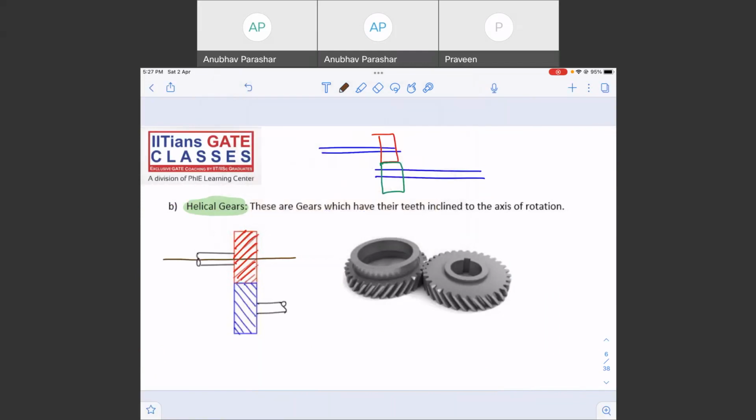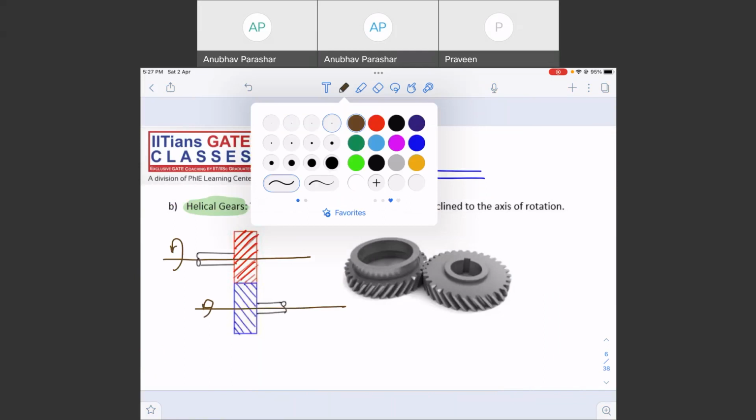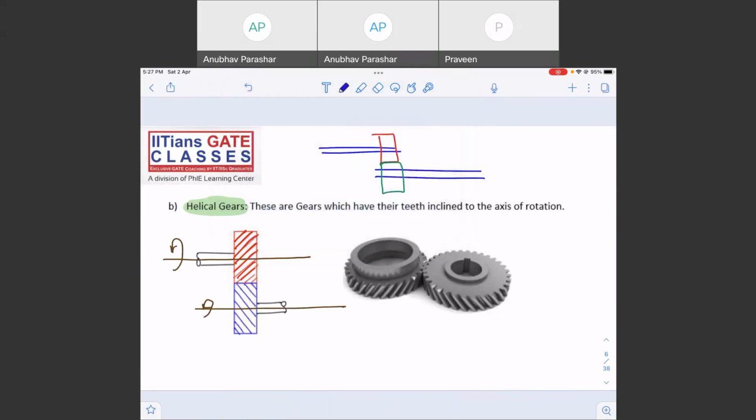So this is the axis of rotation, and you can see the teeth are arranged at some angle. Why are the teeth arranged at an angle? Because this eliminates the impact stresses. Or simply I'll put it down as no impact stresses.